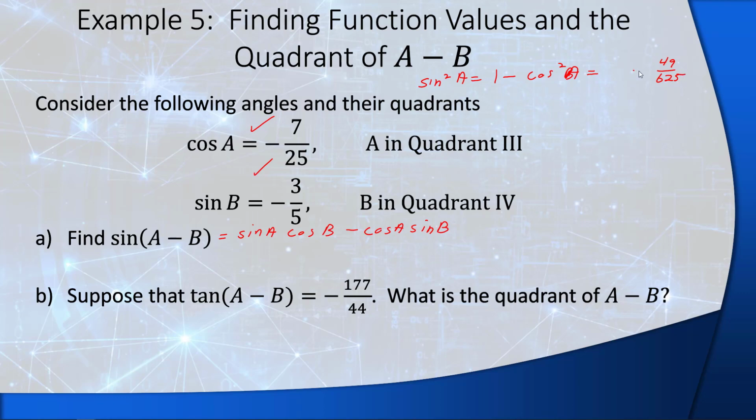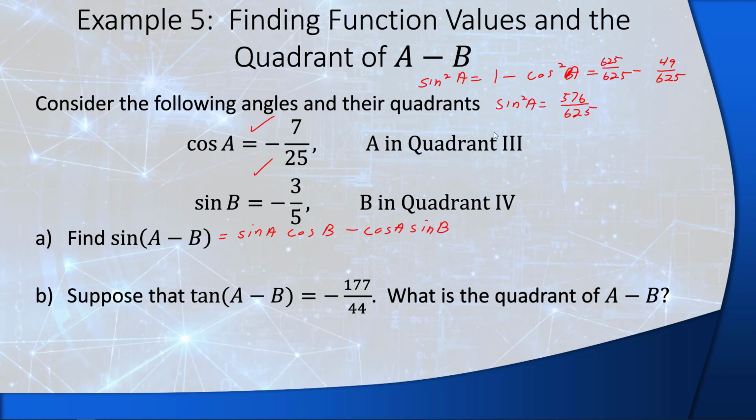So we probably want to make 1 be equal to 625 over 625. And if we do, we will have that the sine squared of A is equal to 576 divided by 625.